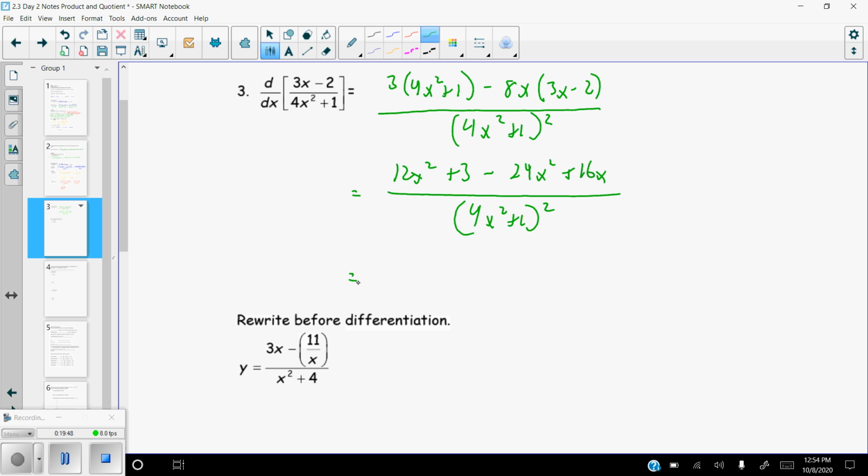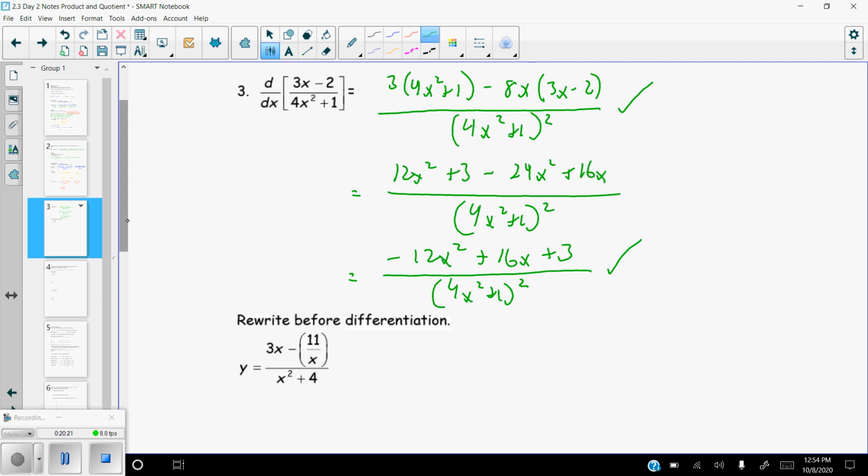Looks like the only other thing I can do here is to combine the x squared terms, so we get negative 12x squared plus 16x plus 3 all over 4x squared plus 1 squared. And that's it. That's your derivative. Again, technically, that first step there is the derivative. This is just simplified, and it's a good idea to practice the algebra now, even though the first answer is going to actually be acceptable.